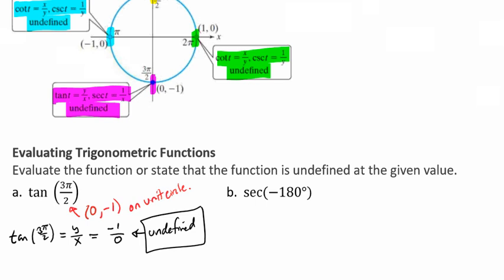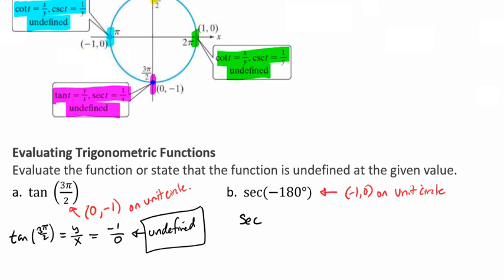Now for secant at negative 180, well, negative 180 degrees is going to put us at what point? It puts us at negative 1, 0 on the unit circle. Secant happens to be 1 over x.